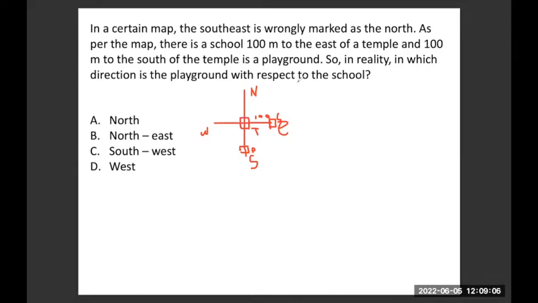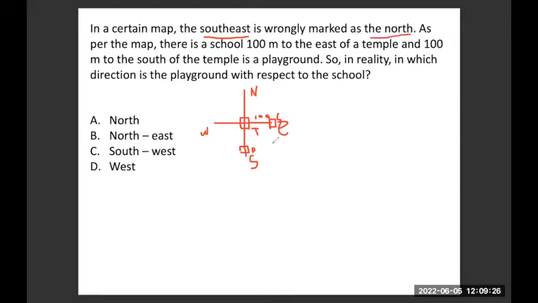In reality, what happens is this is in a map. In actual fact, there's an error in the map. The first condition is that the southwest is wrongly marked as the north.